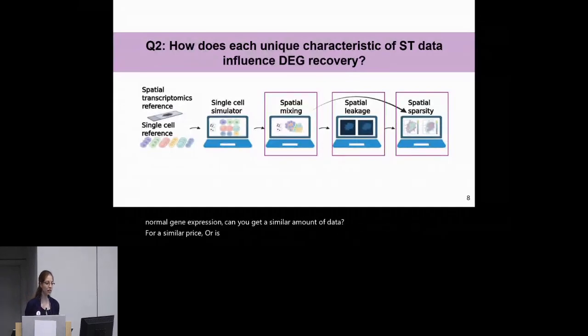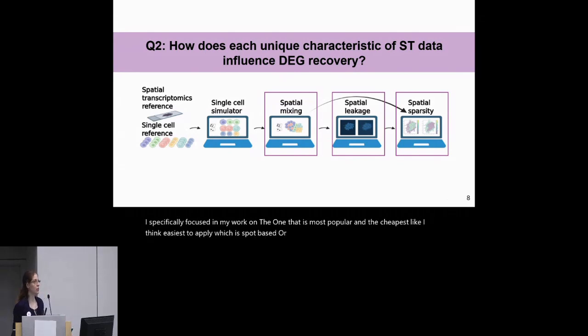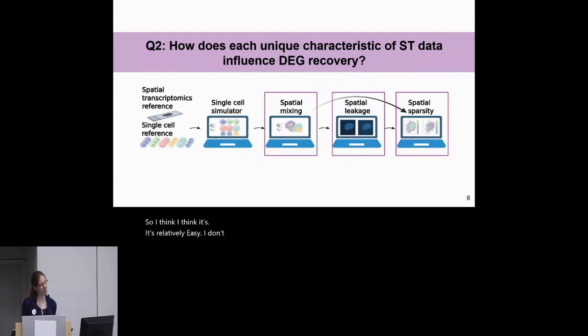I think it's very dependent on the methods and the technology. I specifically focused in my work on the one that is most popular, the cheapest, and I think easiest to apply, which is spot-based, or Visium. So I think it's relatively easy. I don't think it's still more expensive, as far as I know.